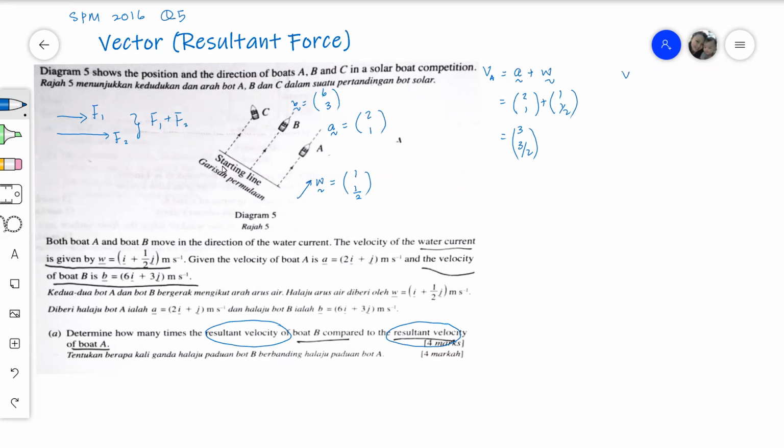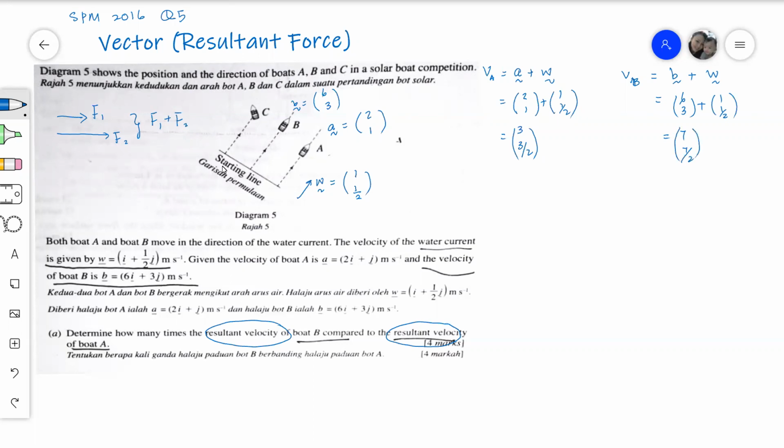So we are done with the resultant velocity of boat A. Now we do the resultant velocity of boat B. For boat B, we take the velocity of the boat itself with the help of the water current. So B will be 6, 3. The water current is 1, half. All in all, we will have 7, and 3 and a half is 7 over 2.